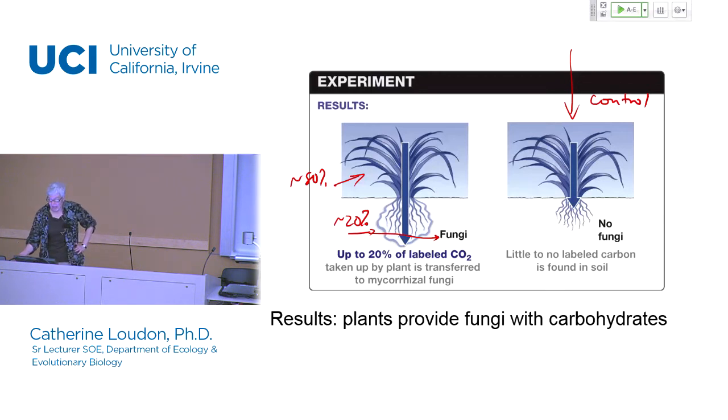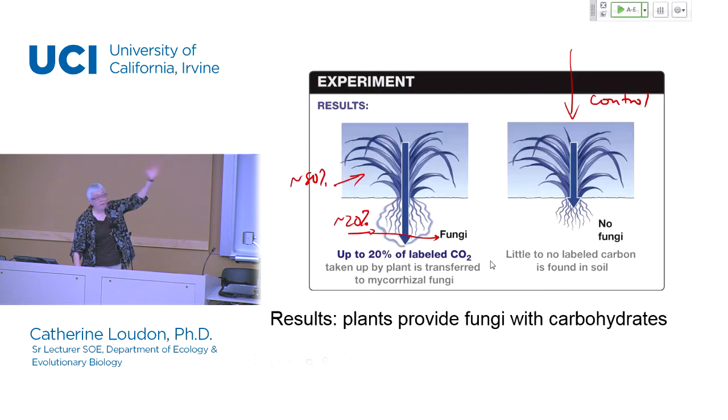So clearly, it is not simply the case that the plant just kind of released or lost some of its compounds through its root surface into the soil, and the fungi just sort of grabbed them out of the soil. That is not the case. Clearly, it was passed directly from plant to fungus.